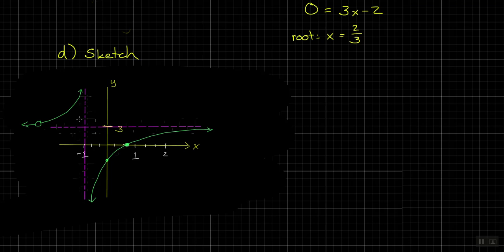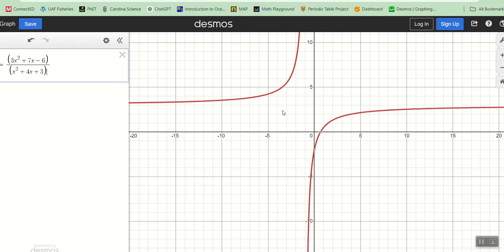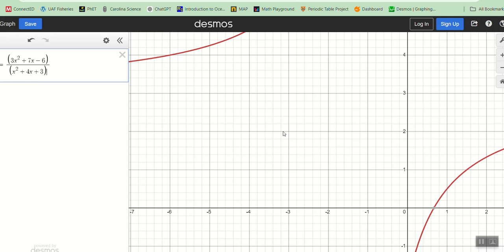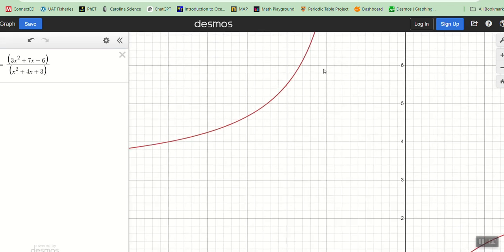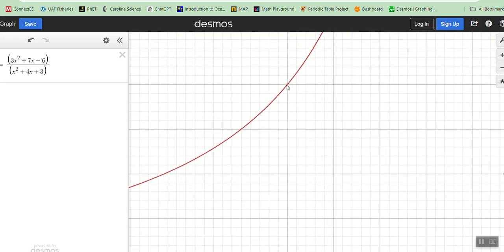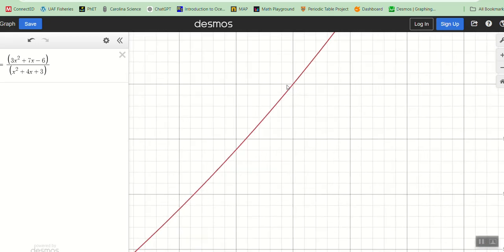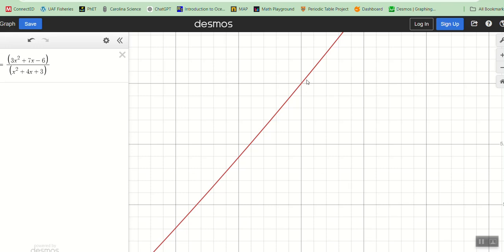When I go to Desmos, let's see what it looks like. So here's my function. It's all fine and dandy. And I'm going to zoom in. Here's -3. You guys see the hole? Pretty sure that's still -3. You guys see the hole yet? Yep, getting closer, closer, closer.